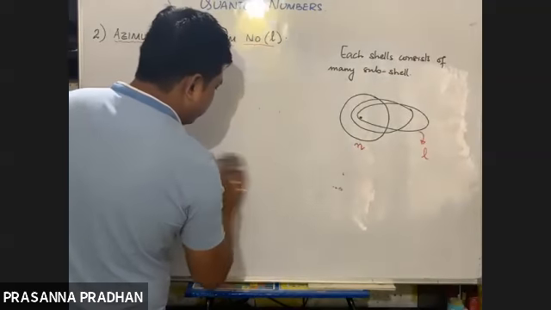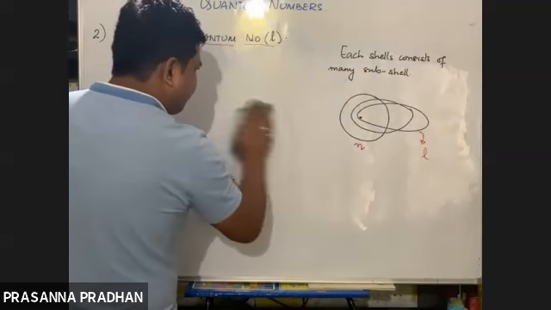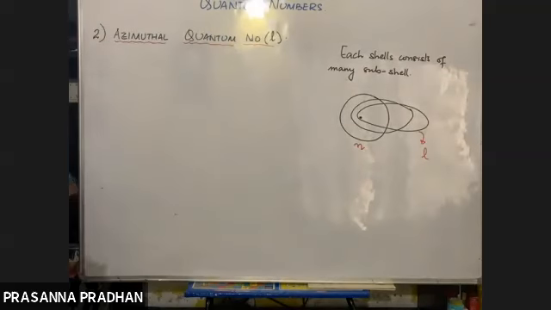So what is the information given by this azimuthal quantum number? Let us see. First of all, we can definitely say the azimuthal quantum number helps us to designate a subshell. Yes, sir.